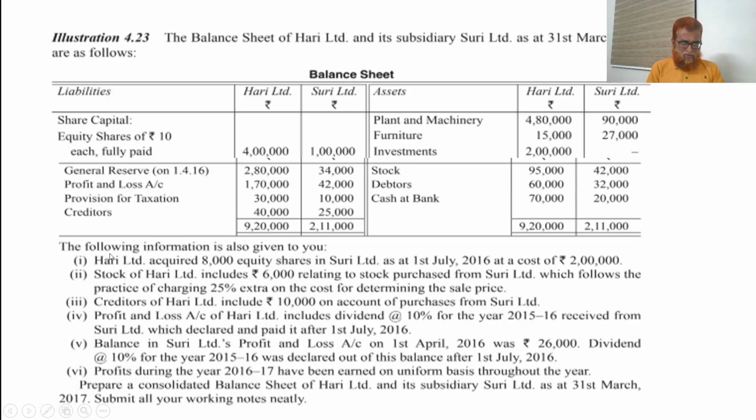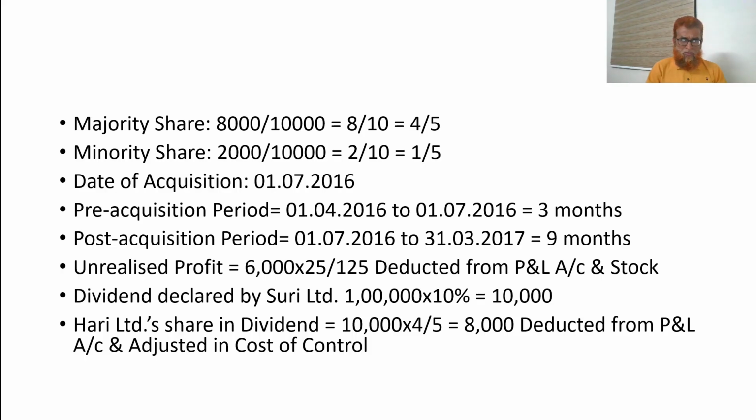Let us discuss the adjustments, the additional information given. Number one, Hari Limited acquired 8,000 equity shares in Suri Limited as on 1st July 2016 at a cost of 2,000. From this point, we can find out the majority and minority share in this problem.